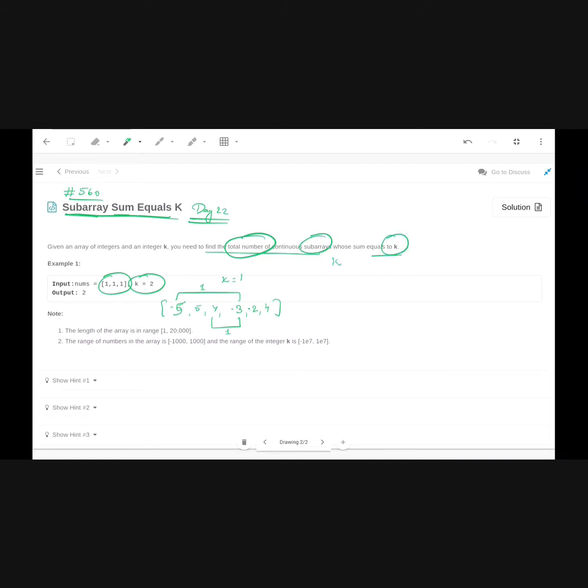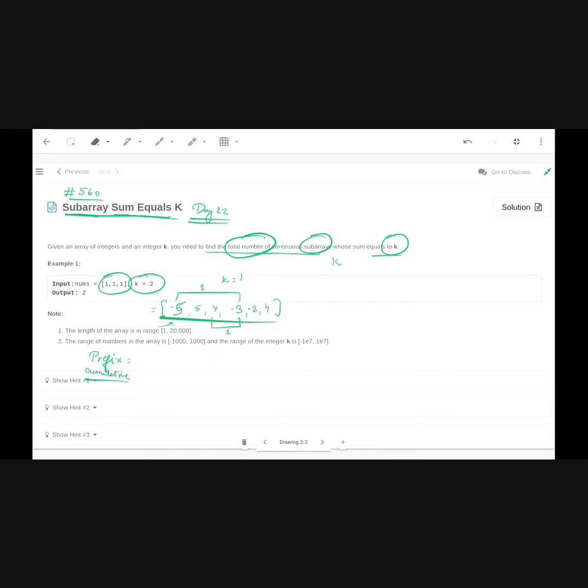In that question, we first found the prefix array, or the cumulative array. The prefix array is the cumulative array for each ith position: it sums up all the elements till the ith position, including the ith element of the original array.